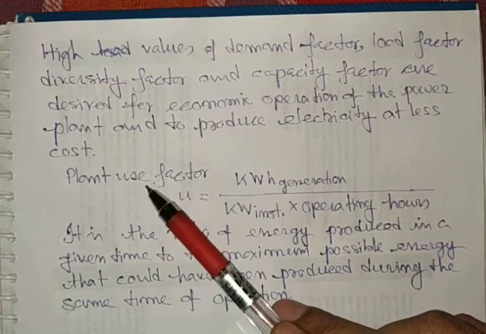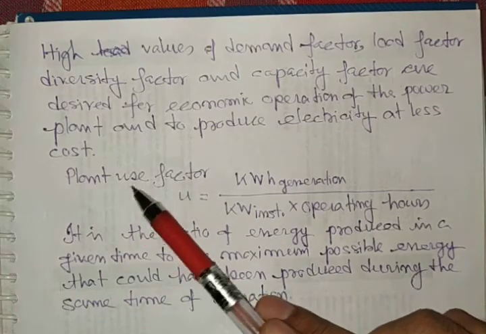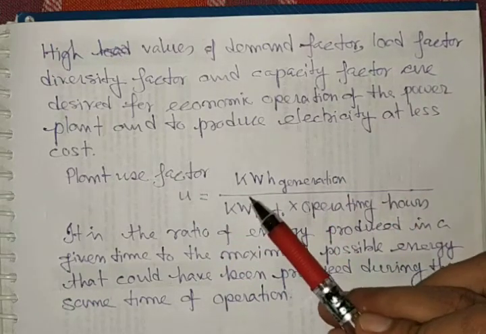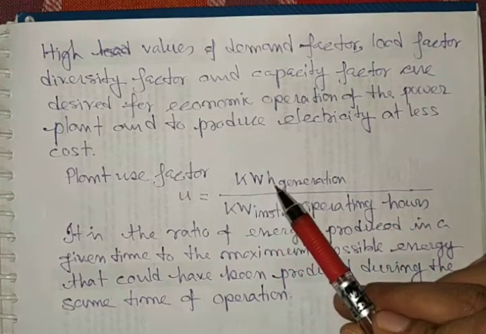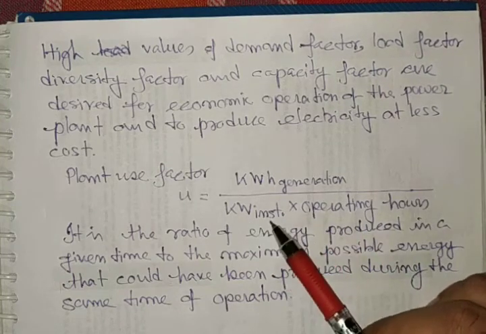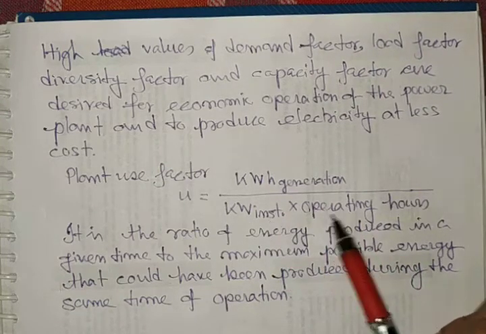So let's talk about another factor called plant use factor. This is denoted by small u. So this is kilowatt-hour generation divided by kilowatt installation times operating hours.